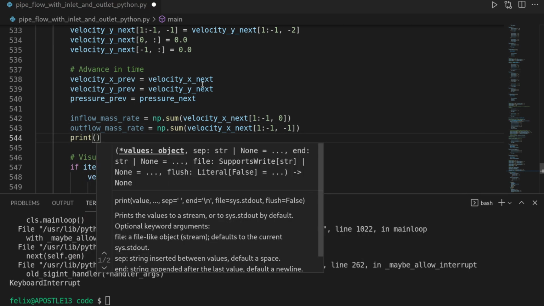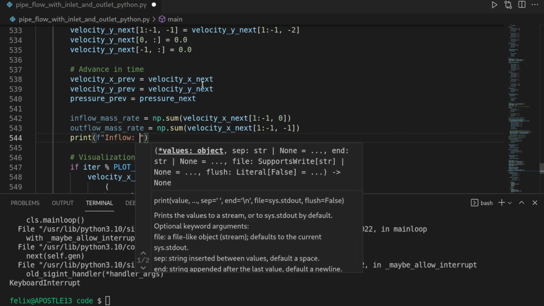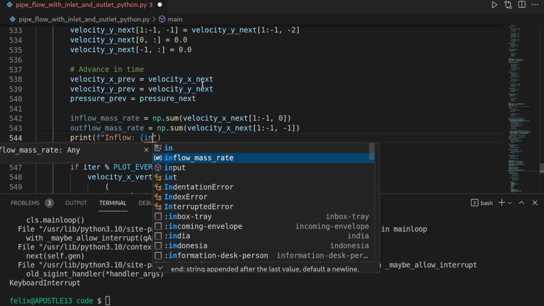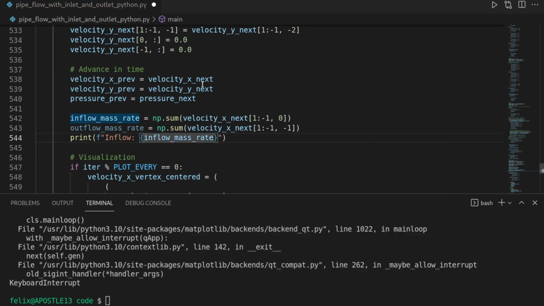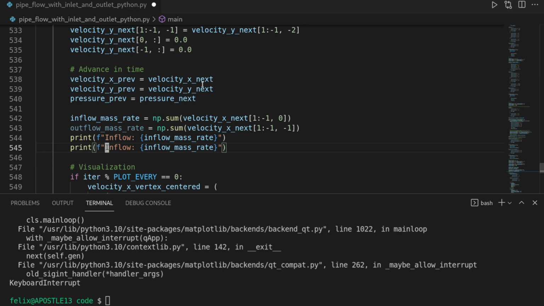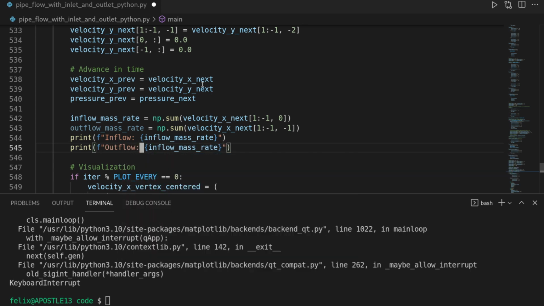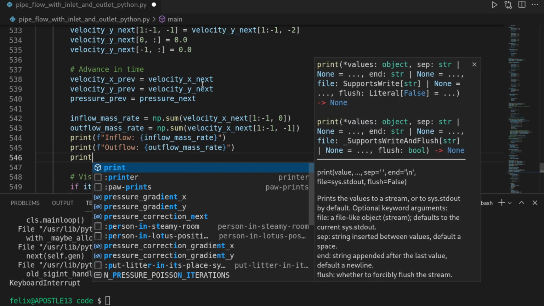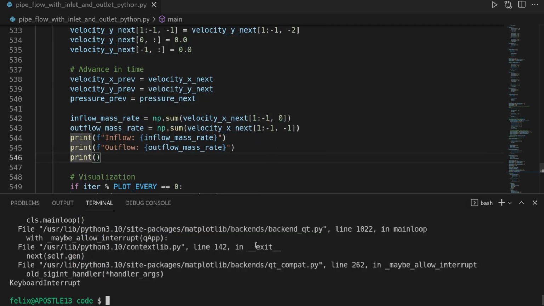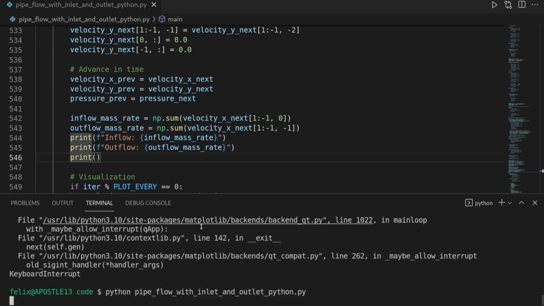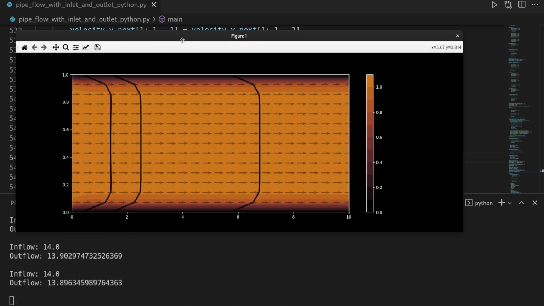Then let's print that out by saying inflow is the inflow mass rate, and then the outflow is the outflow mass rate. So I'm using here some format strings and just a new line. This will be a little bit messy now, but it should print it out.